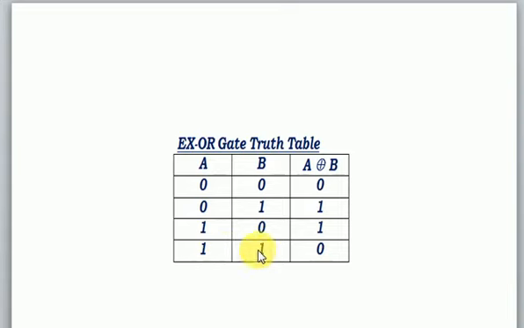But here the number of ones is even, 1 appears 2 times, so the output is 0. So always remember, for the exclusive OR gate the output is 1 when there is an odd number of 1s at the input side. Odd number of 1s means 1 time, 3 times, 5 times, 7 times; these are all odd numbers. So whenever 1 is in an odd number, the output is 1. This is the truth table for the exclusive OR gate.